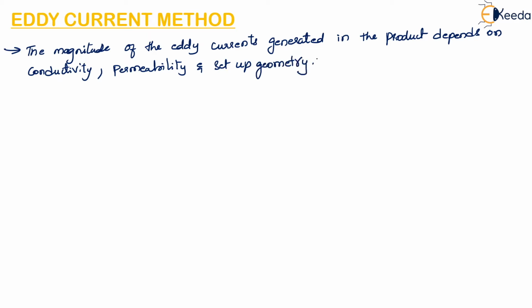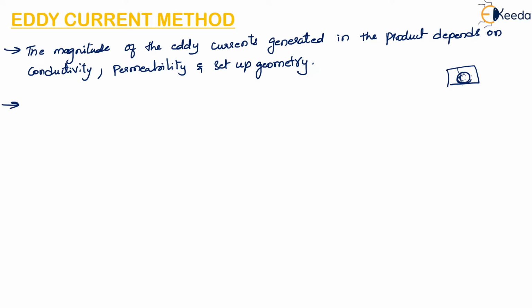So any change in the material or the geometry can be detected by the excitation coil as a change in the coil impedance. So if this is the component, and there is a hole here, so the geometry of the material is not the same throughout, so there is a change in its geometry.